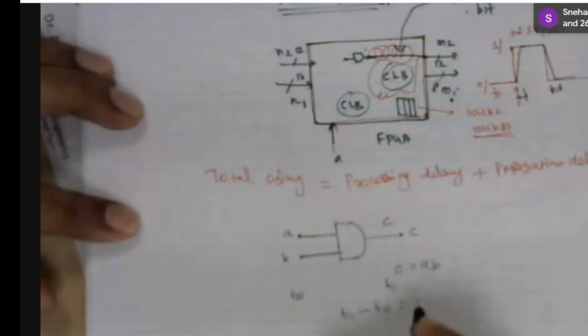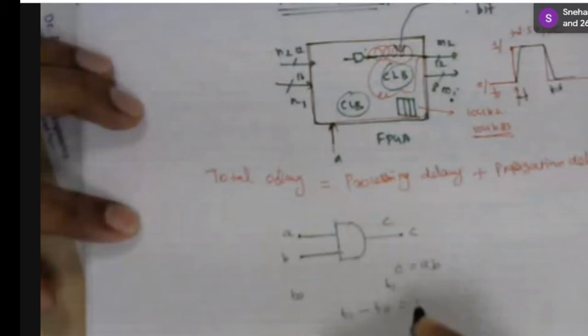Listen carefully. As I told you in our previous lecture, we have seen two things. One is the combinational circuit.